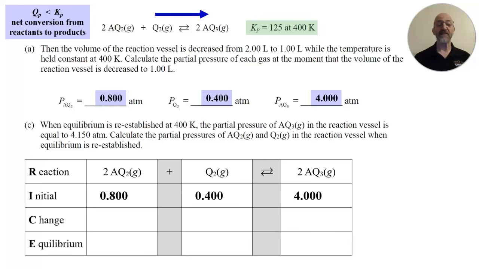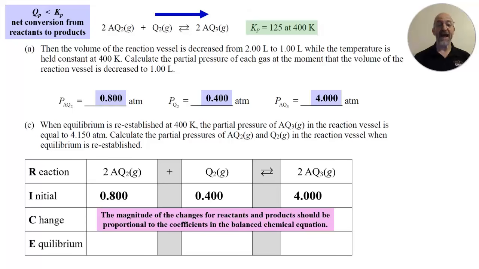I will place it in the bottom row of the rice table. Now, what about the change row? Remember that the magnitude of the changes for the reactants and products in your rice table should be proportional to the coefficients in the balanced chemical equation. From left to right, these coefficients are 2, 1, and 2. And so in terms of x, that would be 2x, x, and 2x.